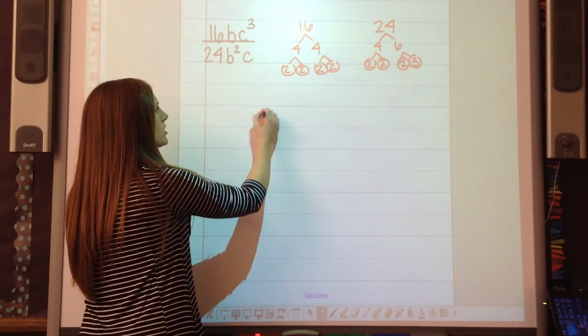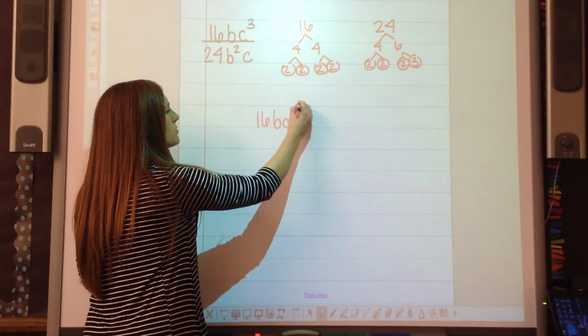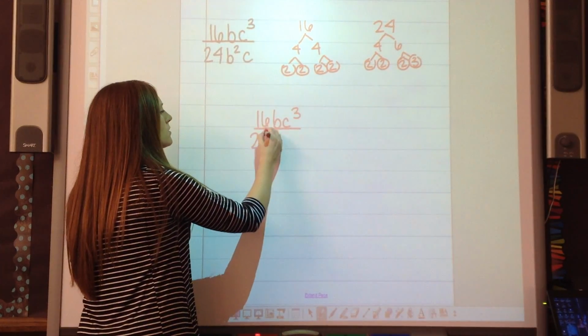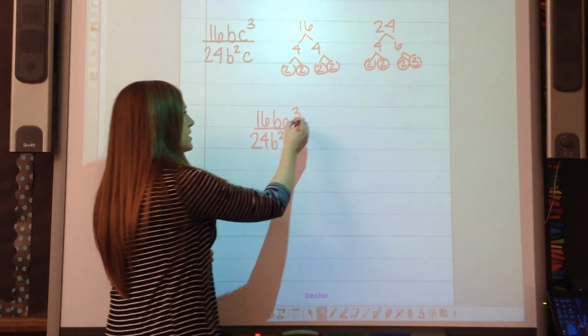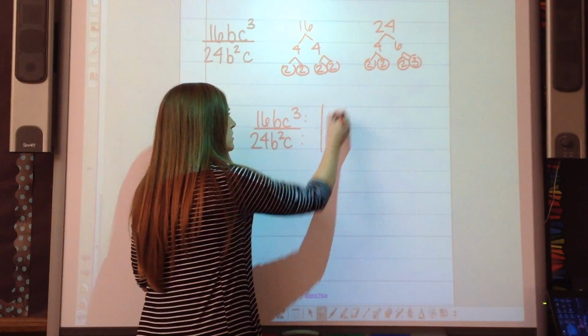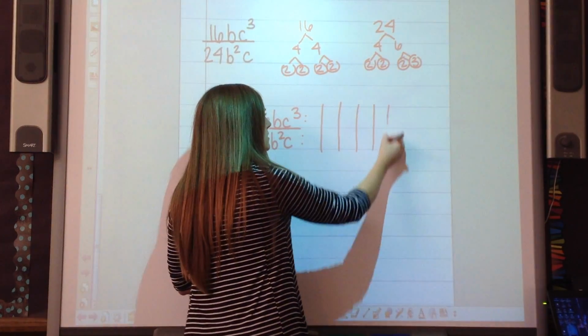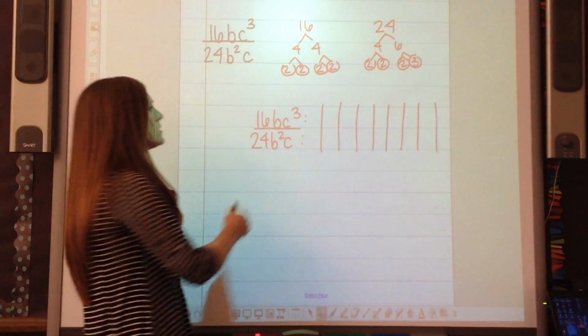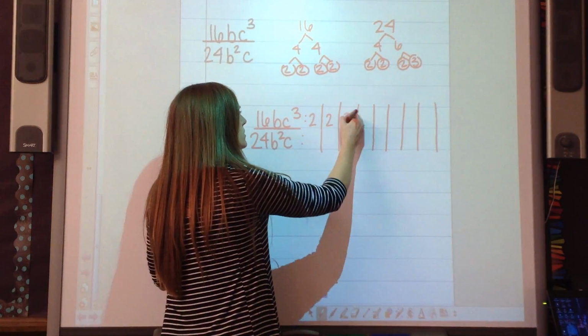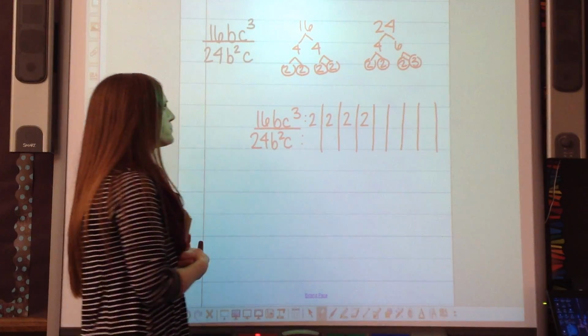This time, I'm going to include the variables. Because I have variables, I am going to make columns this time, just to keep my thoughts organized. 16 is 2 times 2 times 2 times 2.